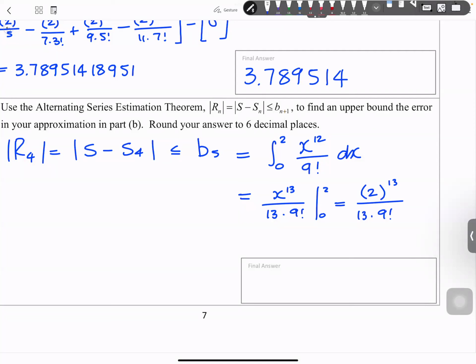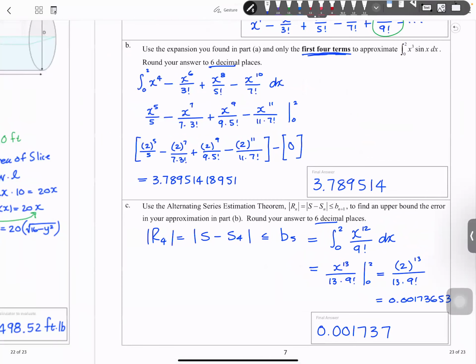And I get a value of 0.00173653. And again, round to 6 decimal places, 0.001737. This will have to be 737 when we round properly.